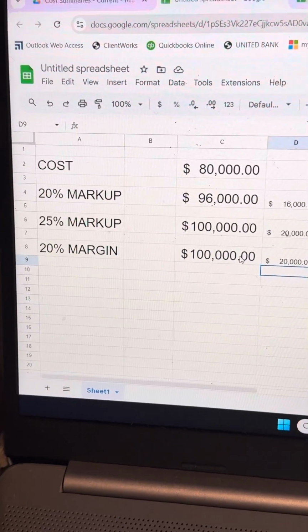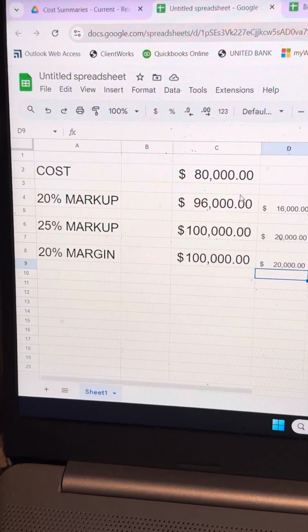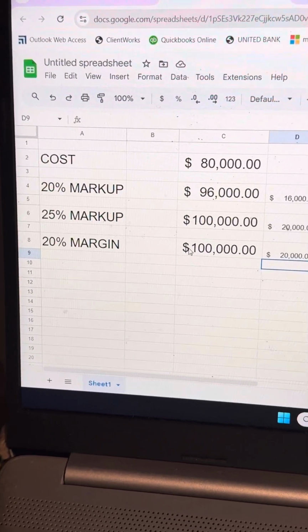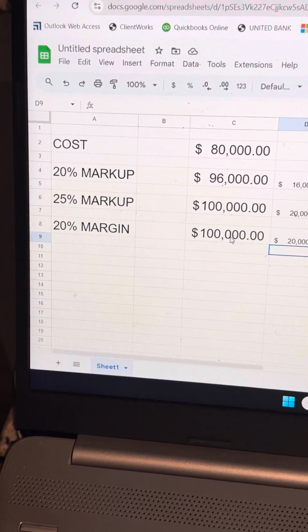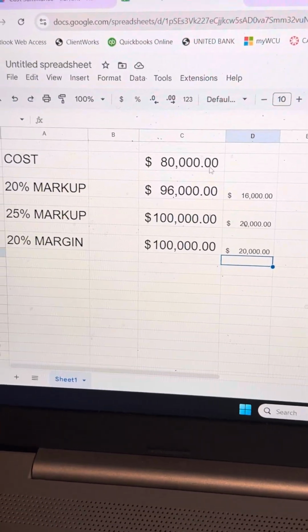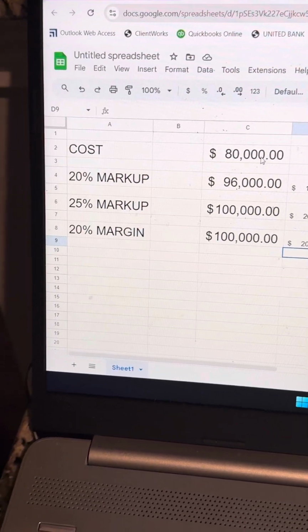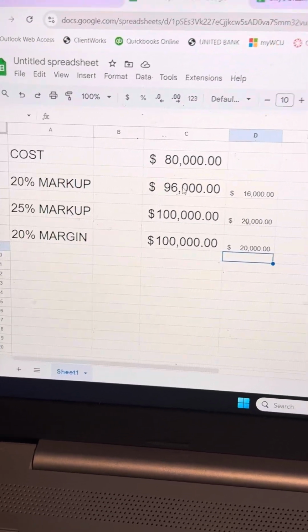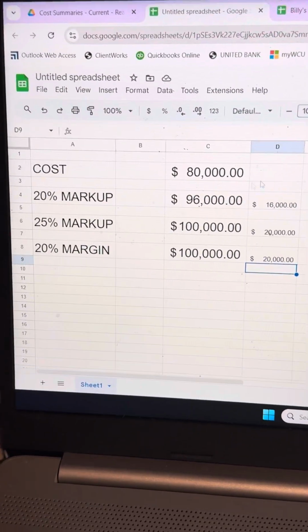Well, of the 100,000, 20,000 of it was profit, which is a 20% margin. So the margin is based off of the check we receive. It is not based off of the cost. So in this instance, you would be gaining an additional $4,000 in income.